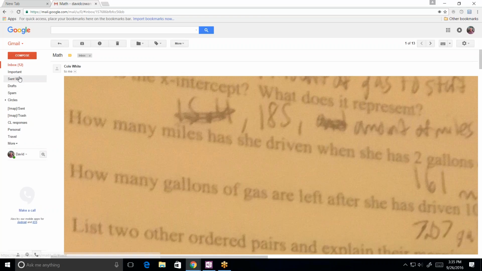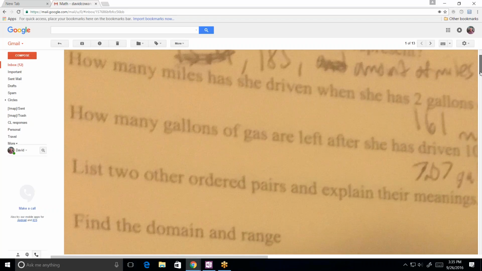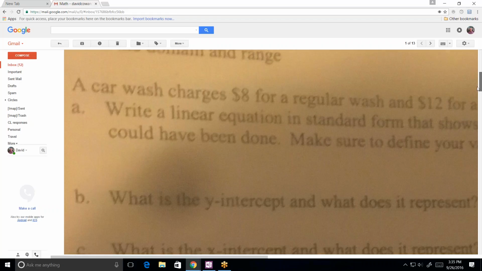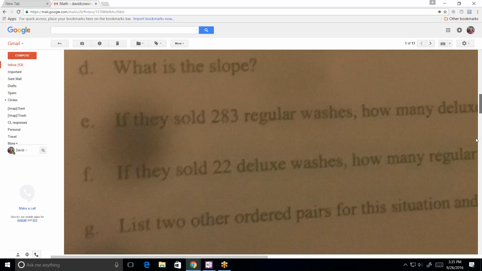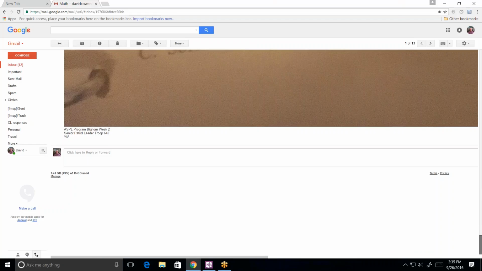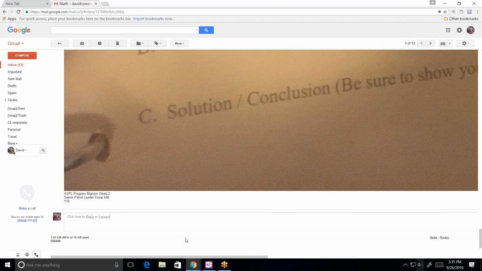Okay. For some reason, are you seeing my screen? Yeah. Okay. Now let me see what happens if I download this. It's the first time I've ever seen it sent as an ASPL program. Oh, that's on my email.